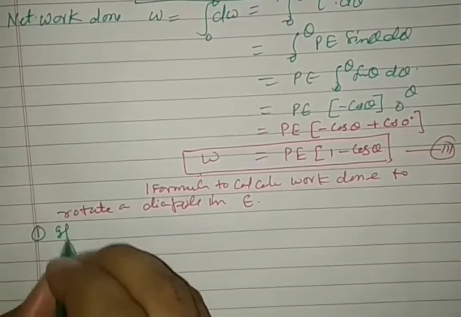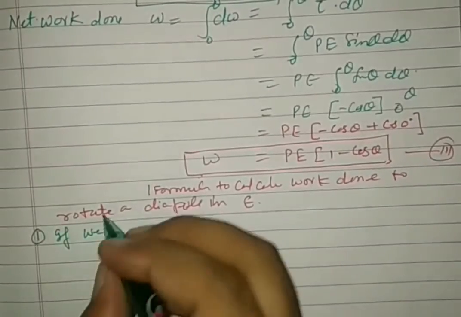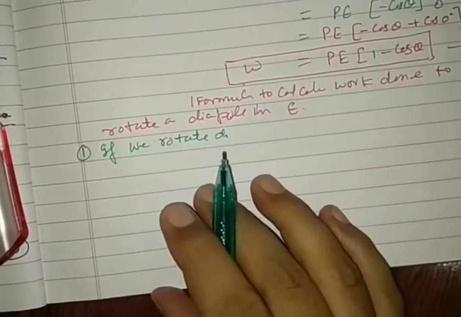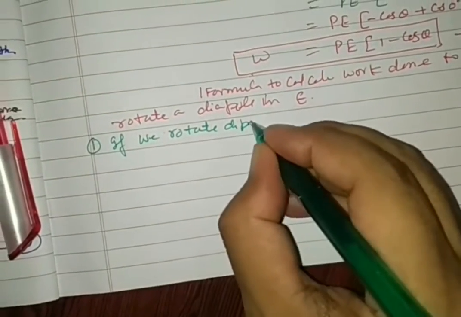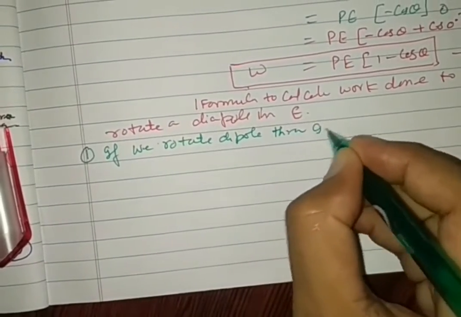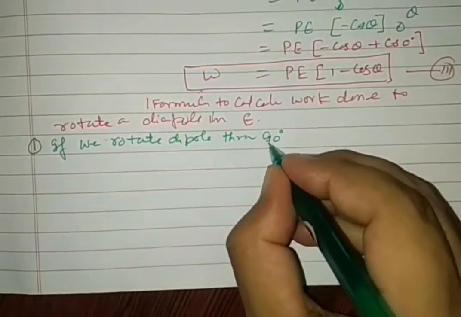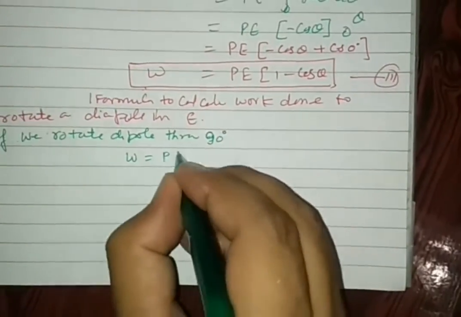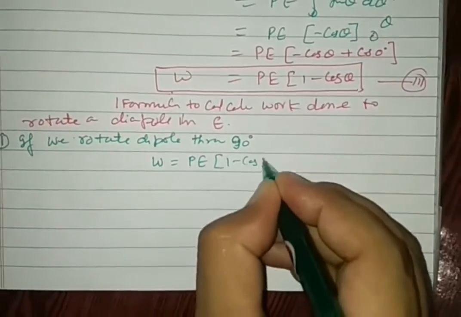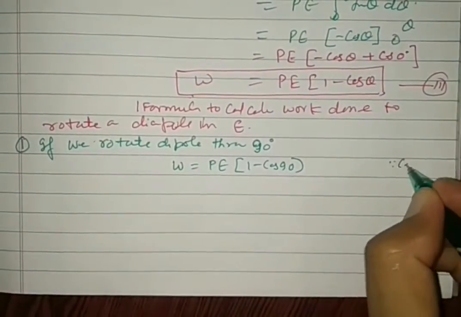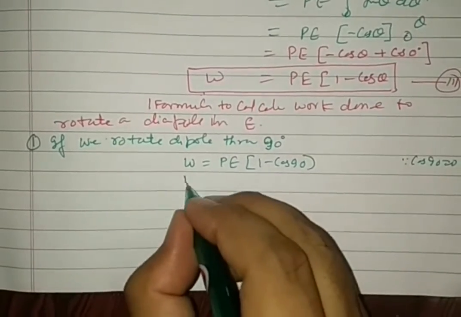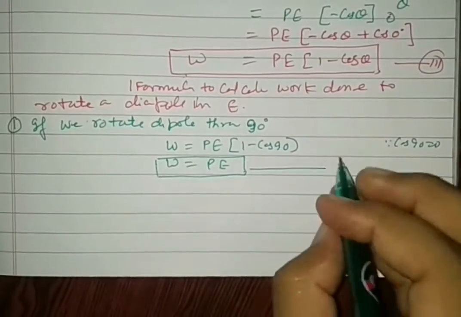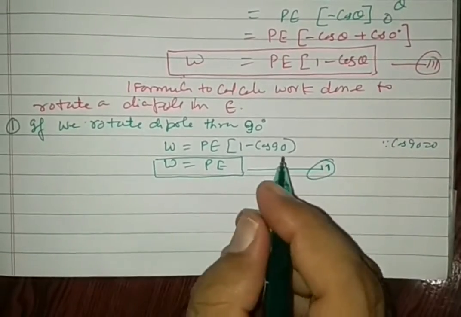The first, if we rotate the dipole through 90 degree, then work done is equal to PE (1 minus cos 90). Since cos 90 is 0, then work done is equal to PE. So rotating through 90 degree, the work done is given by this formula.